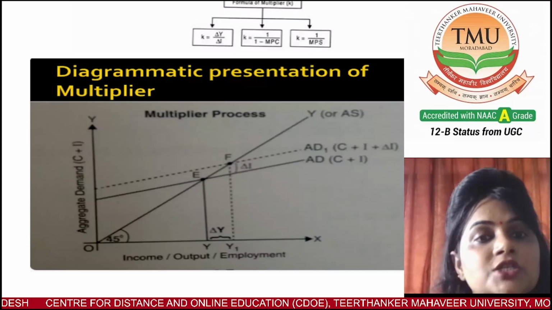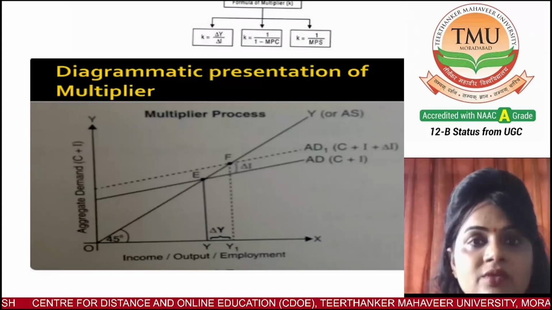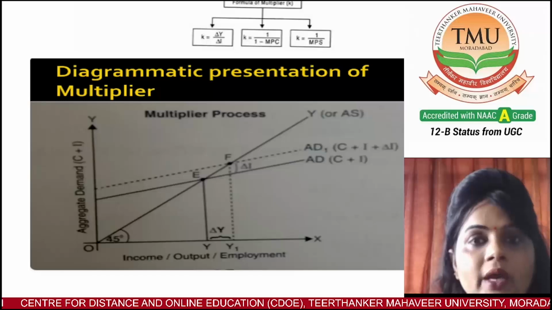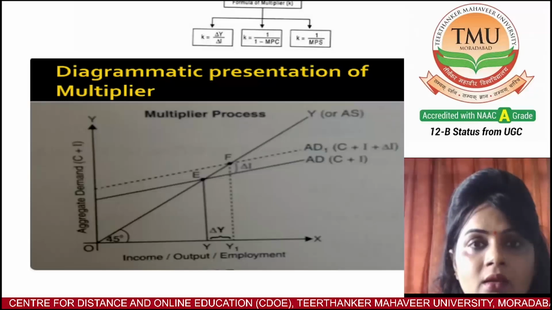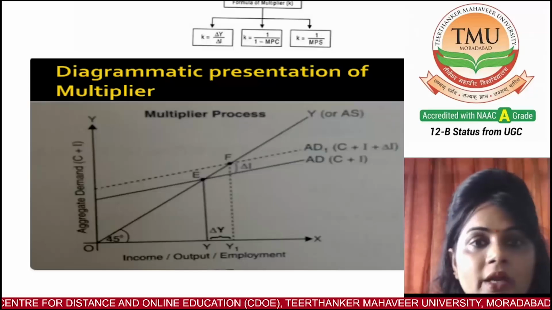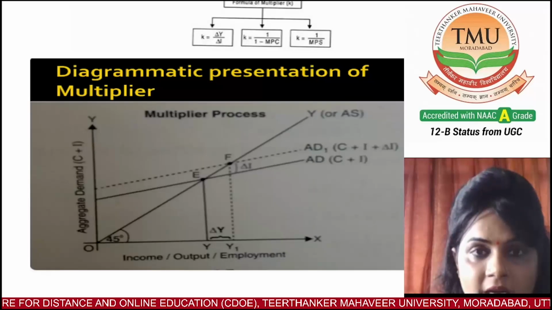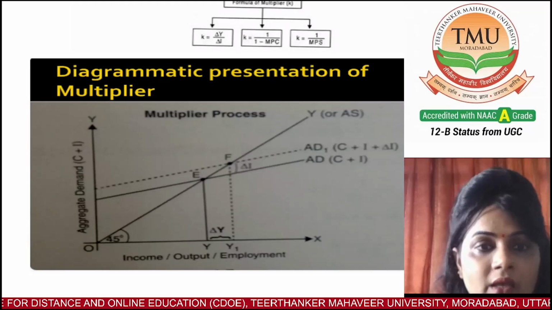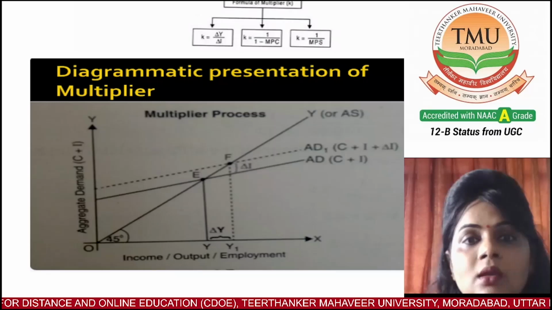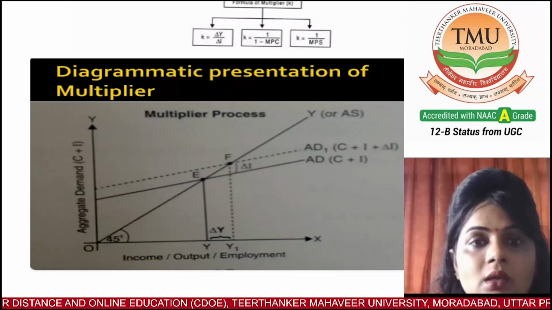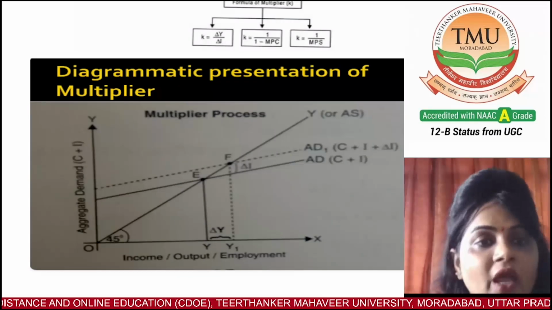Assume the initial equilibrium is established at point E, where the AD curve intersects the AS curve. Here you can see OY. This is the equilibrium level of the income.